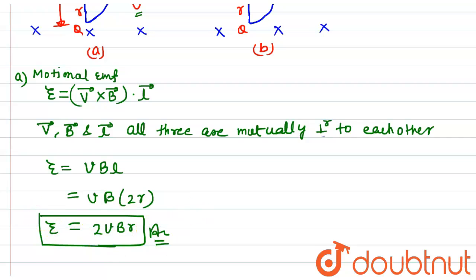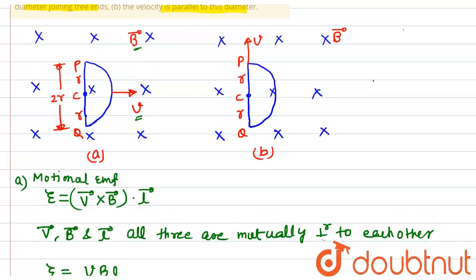Now let's talk about figure B. For this figure, we can see that V and L are parallel to each other. This is the L vector.